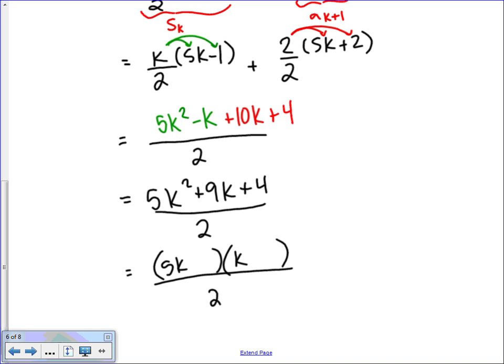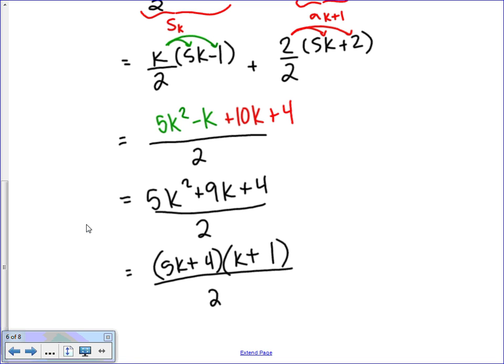Should use 4 and 1, so that 5k times 1 is 5k, and 4 times k is 4k, and that'll add up to 9k. And I have 5k plus 4 times k plus 1 over 2.